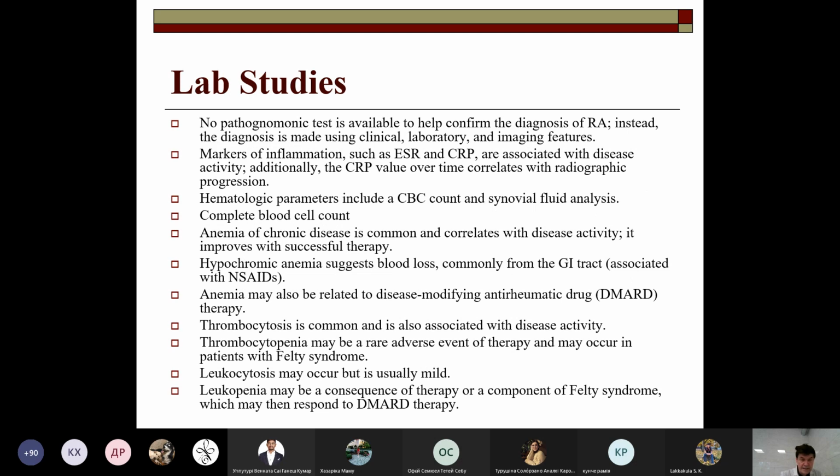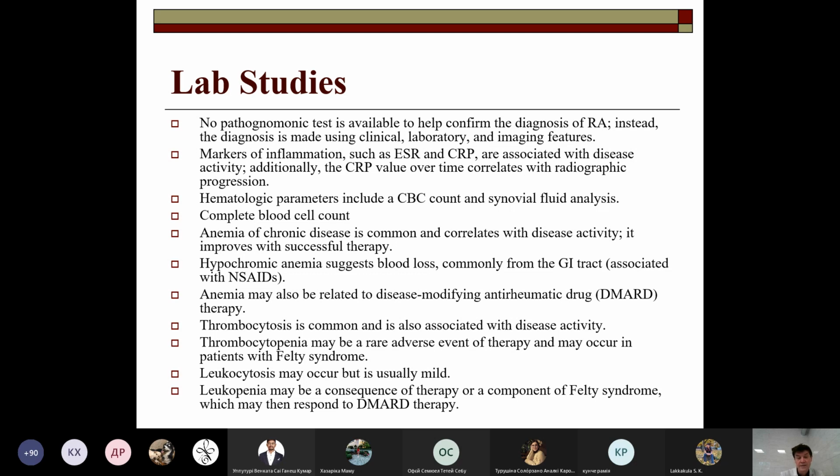What about lab studies? Unfortunately, no pathognomonic test is available to help you confirm or rule out the diagnosis. Markers of inflammation and hematologic parameters: a complete blood count checks whether anemia is present or absent.